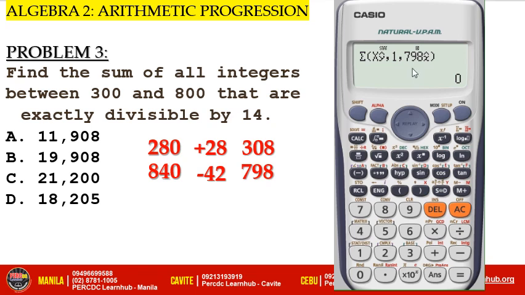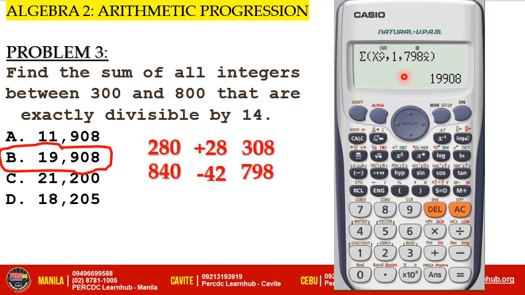Ito yung last term ng numbers na divisible by 14 na between 300 and 800. Press equal. Ayun, the correct answer is 19,908. So the correct answer here is letter B.